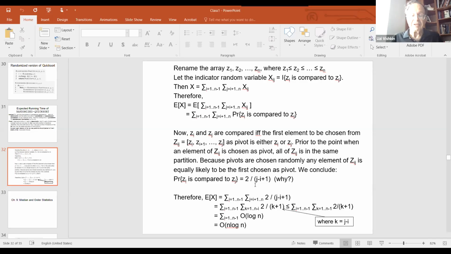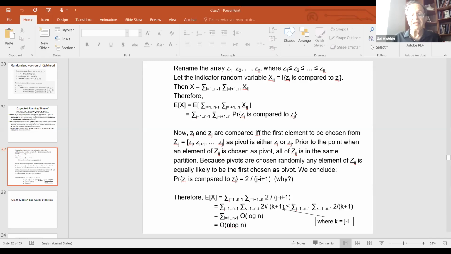We have here the summation of all the pairs. The basic idea is to arrange it in such a way that if you fix an i, you look at all the larger j's that follow it. Given an i, I can look at i plus 1, i plus 2, i plus 3, and so on.